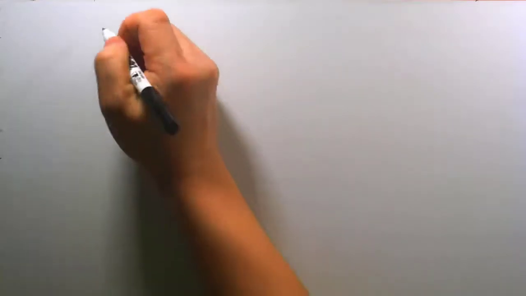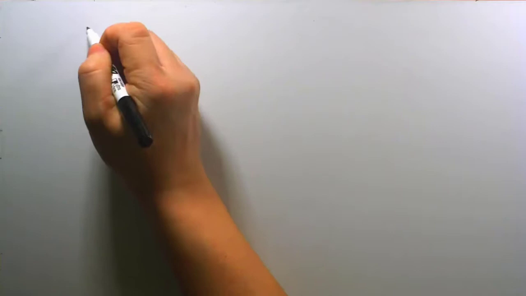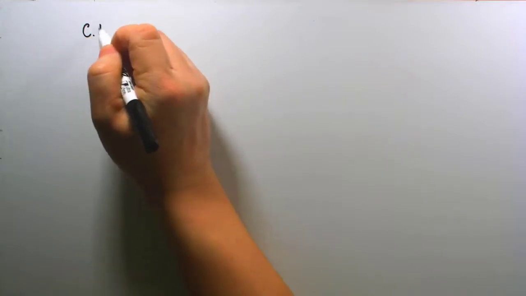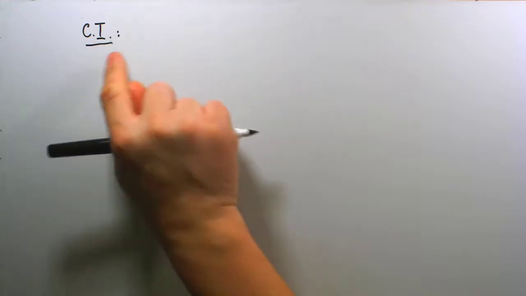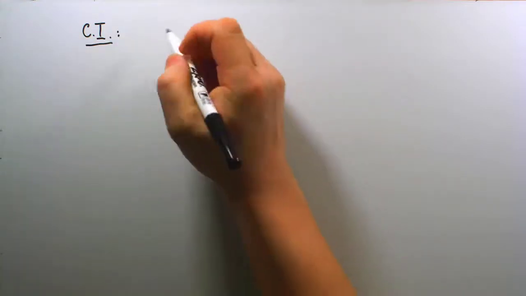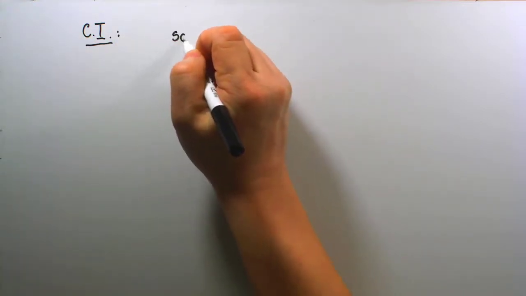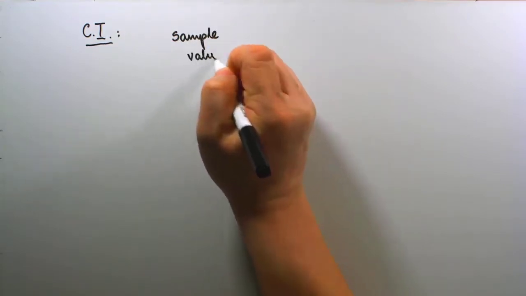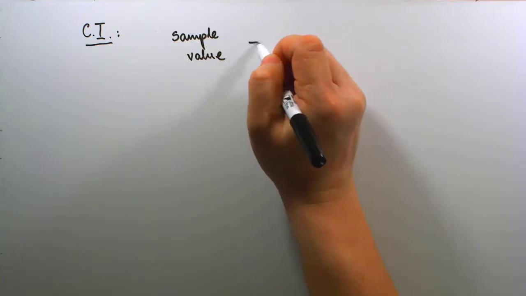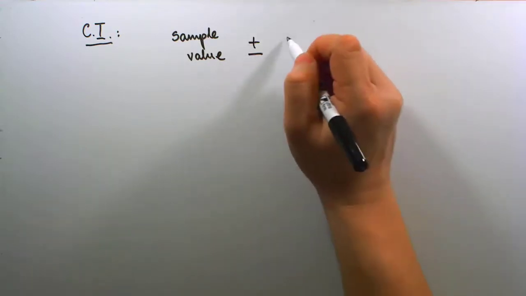So we have drawn out throughout our studies in constructing a confidence interval that any final confidence interval is in the form of a sample value plus and minus a margin of error.